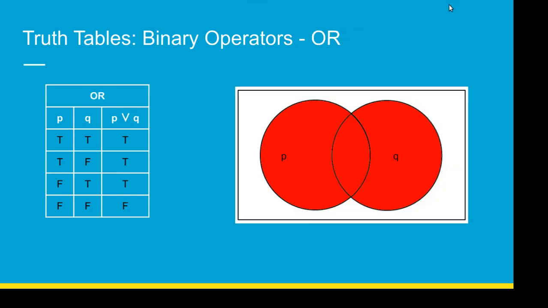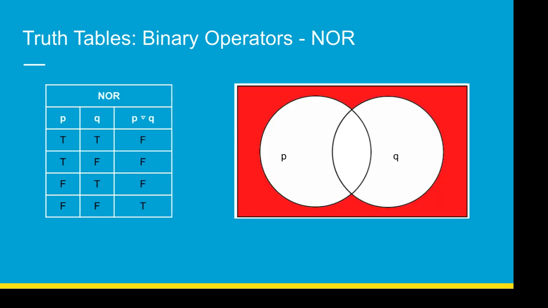Or is true when either or both is true. So this is what or looks like in a Venn diagram. Everywhere that either P or Q is true, then or is true. And it's only where both are false that or is false. And similarly, not or is the opposite of that.